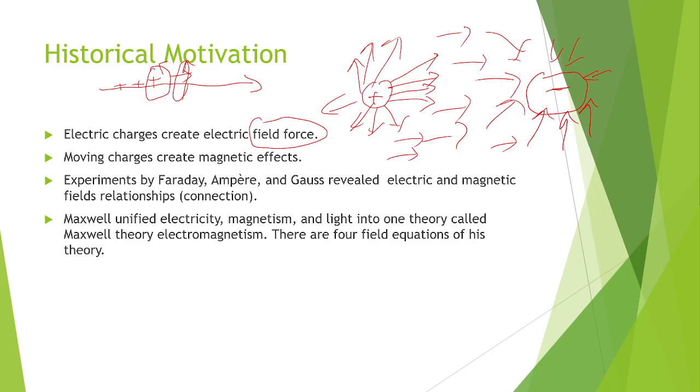Here in this video we will only see them and discuss a little bit, but next time we will derive them. So Maxwell is the man who unified electricity and magnetism in one theory, which is called electromagnetic theory.